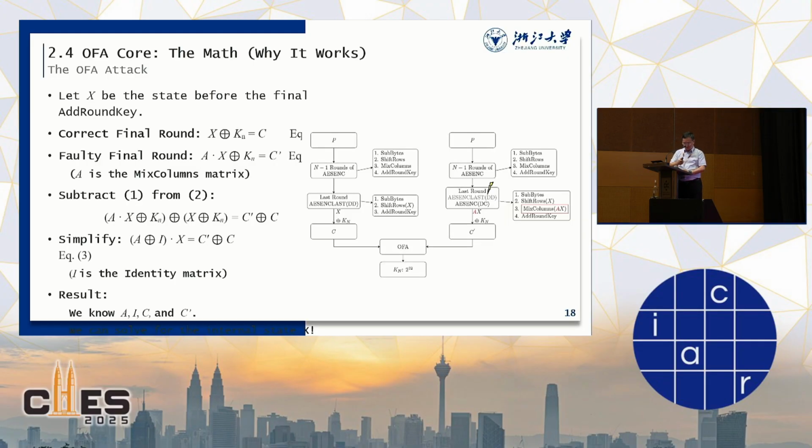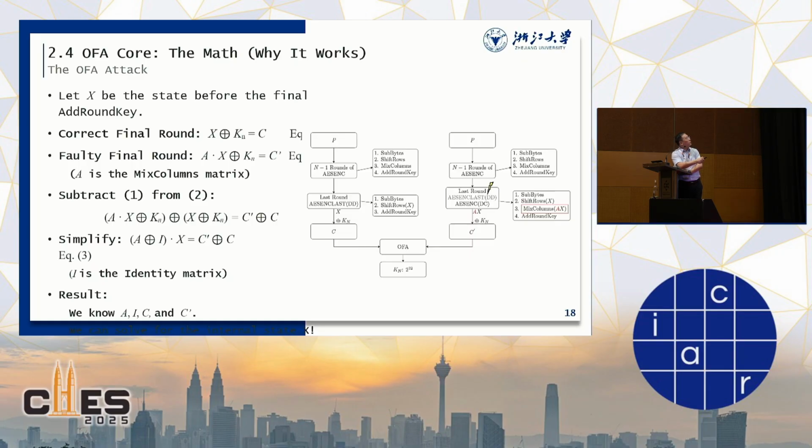So here you can see, this is the correct one, so the state here equals the key. And this is the incorrect one, basically equal to multiplying by matrix A. Then for these two equations, you simply do an XOR or subtraction.